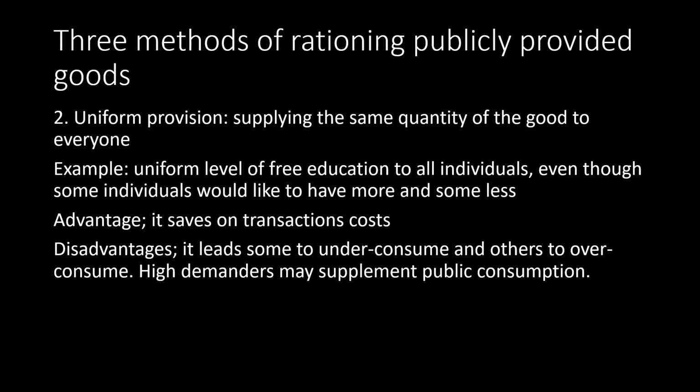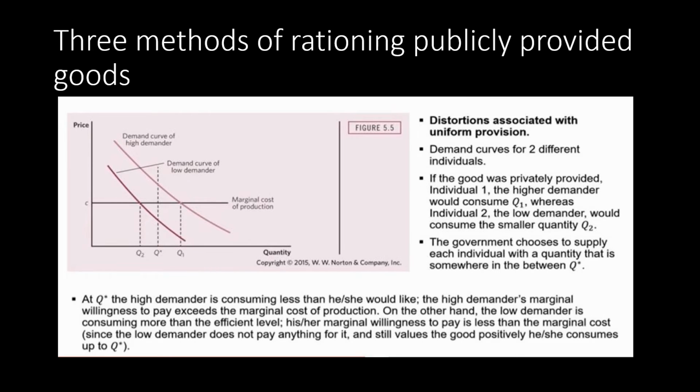I'm going to start from the third method of rationing publicly provided goods. Here we're still on the curve. She talked about uniform provision. So we're going to see distortions associated with uniform provision.